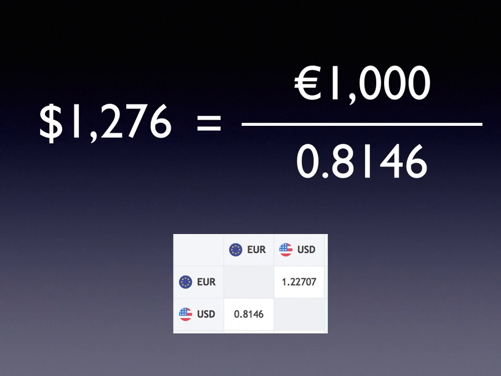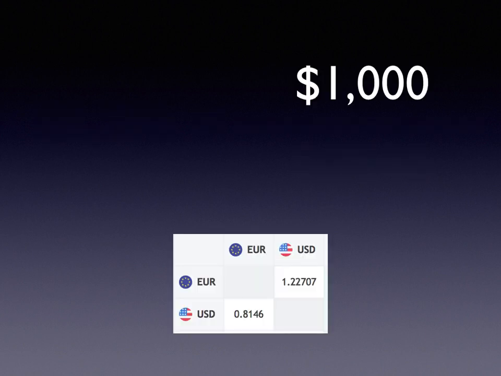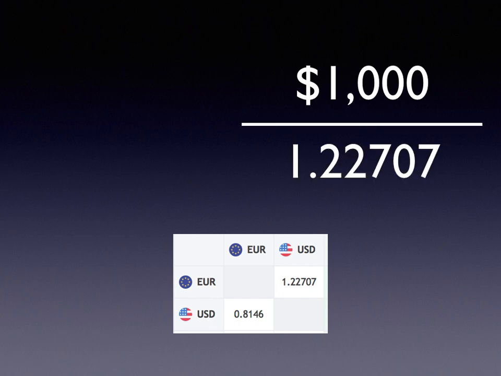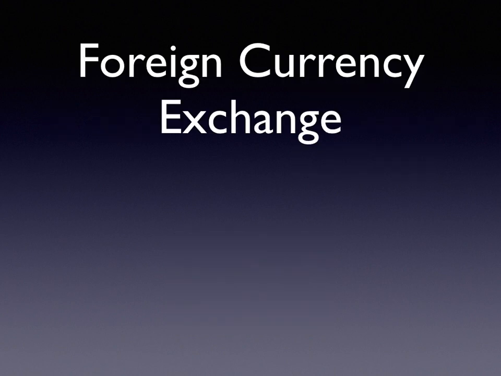All right. Okay, so if I had $1,000 and I was trying to convert back to euros, I would just divide it back against that exchange rate going the other direction, and it would tell me that $1,000 is equal to about 815 euros.